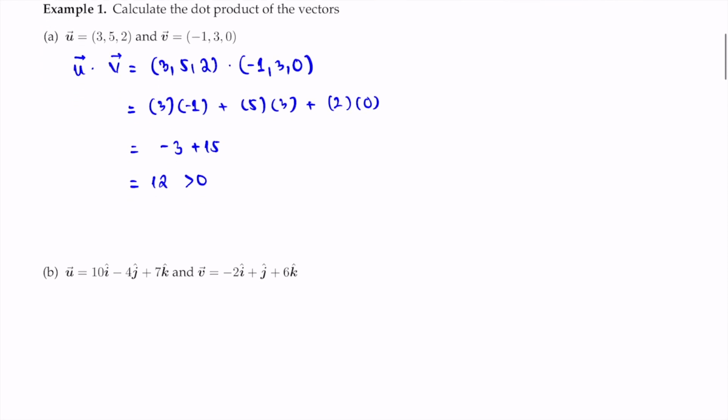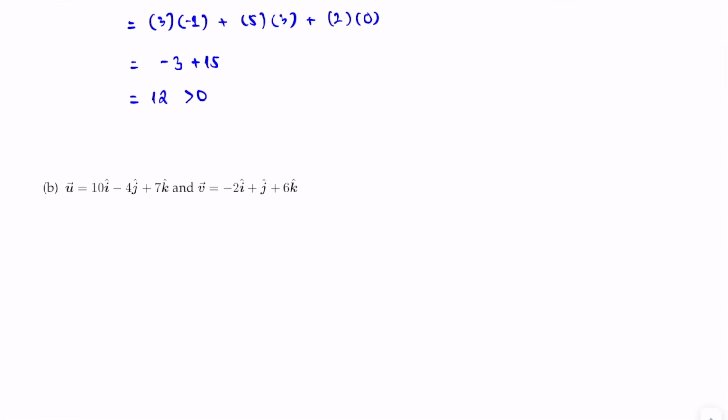Now in the next example, you have two three-dimensional vectors. u is equal to 10, -4, and 7, and v is equal to -2, 1, and 6. When you do the dot product between these two vectors, you do 10, -4, 7 dot with -2, 1, 6.